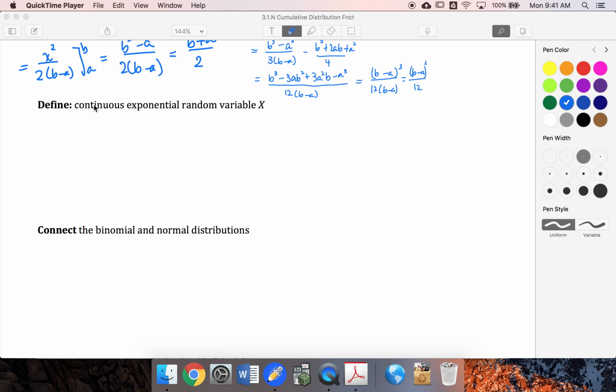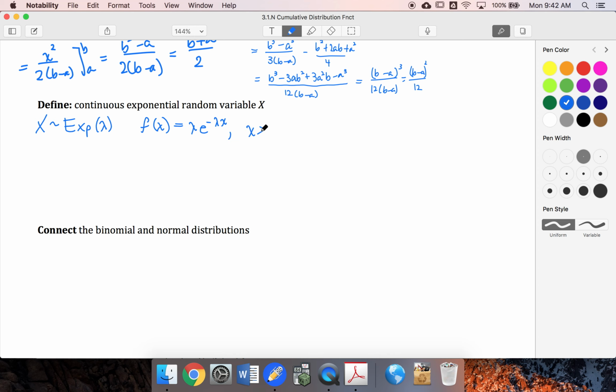Another specific type of continuous distribution is a continuous exponential random variable. So we're going to define this one as X is an exponential distribution with parameter lambda. Basically I'm just setting up an exponential function where my variable is lambda.